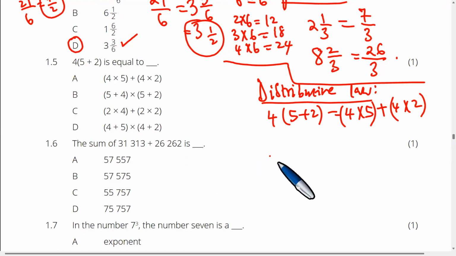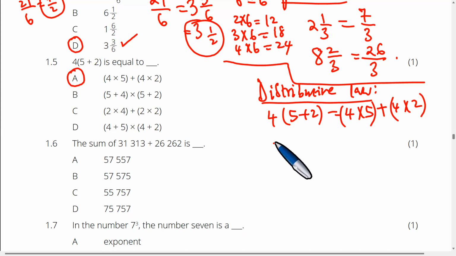The question then becomes, which one is the same as 4 times 5 plus 4 times 2? The rest are different, so the correct answer in 1.5 must be option A.